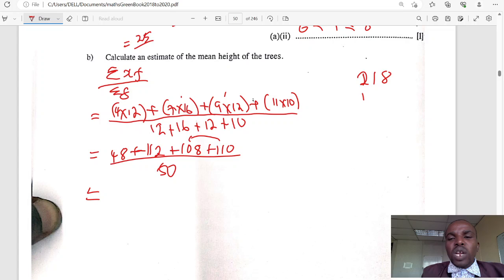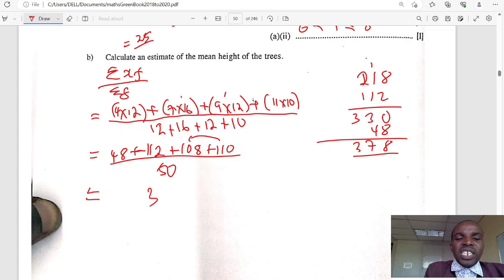Then 218 plus 112 is 330. Then plus 48 is 378. So it's 378 over 50. First thing, you can get rid of the 0, so that it will be 37.